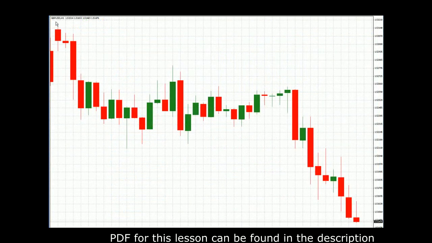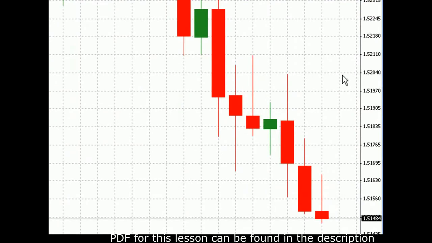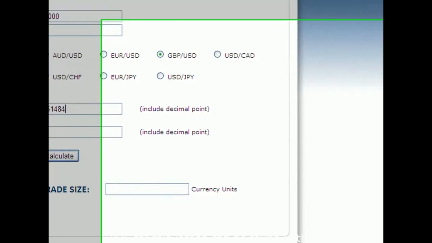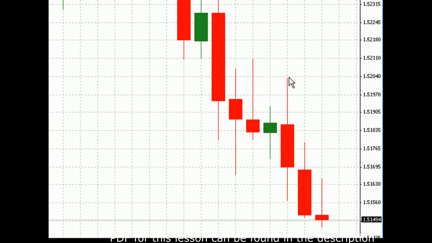Okay, so this is GBP against US dollar on the hourly time frame. So let's just say that we wanted to enter for a short now, and our stop was going to be above this pivot high right here. So let's look at the price right now. It's 1.51484. So we go back here and we say, first of all, select your currency, so GBP USD, put in our entry price 1.51484, and our stop is going to be above this high.